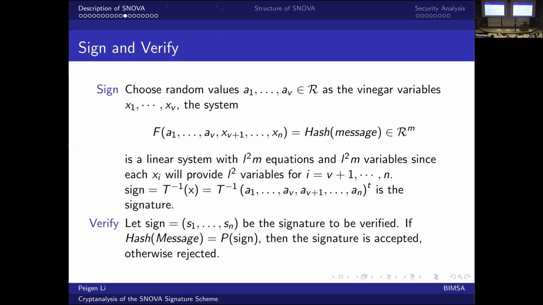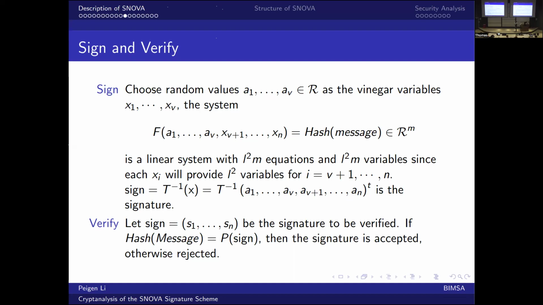On the right side, each position will provide L squared equations, and on the left side, each variable xi where i is bigger than v will provide L squared variables. So the signature equals the inverse image of T.